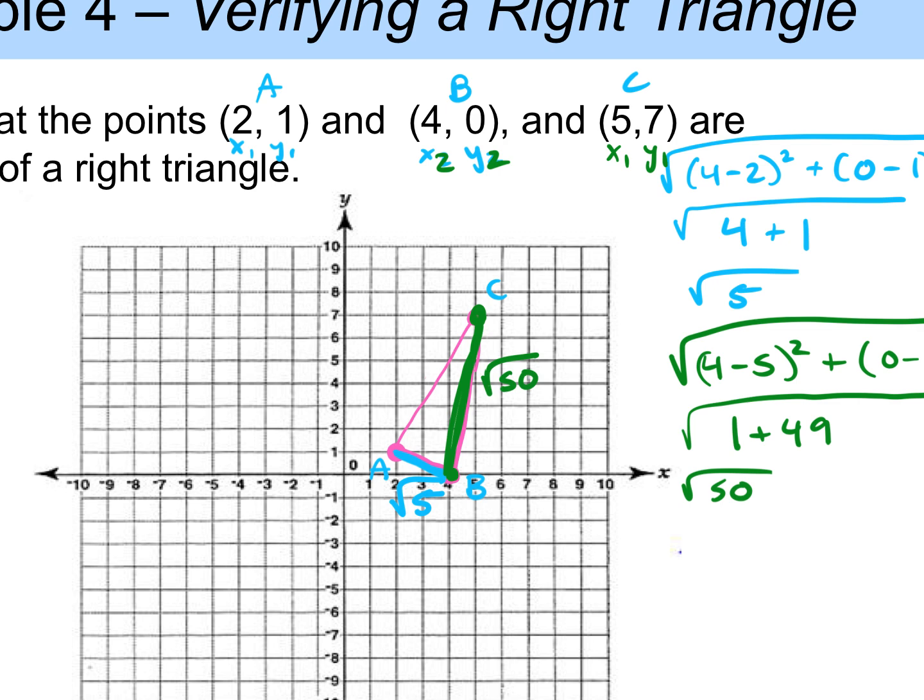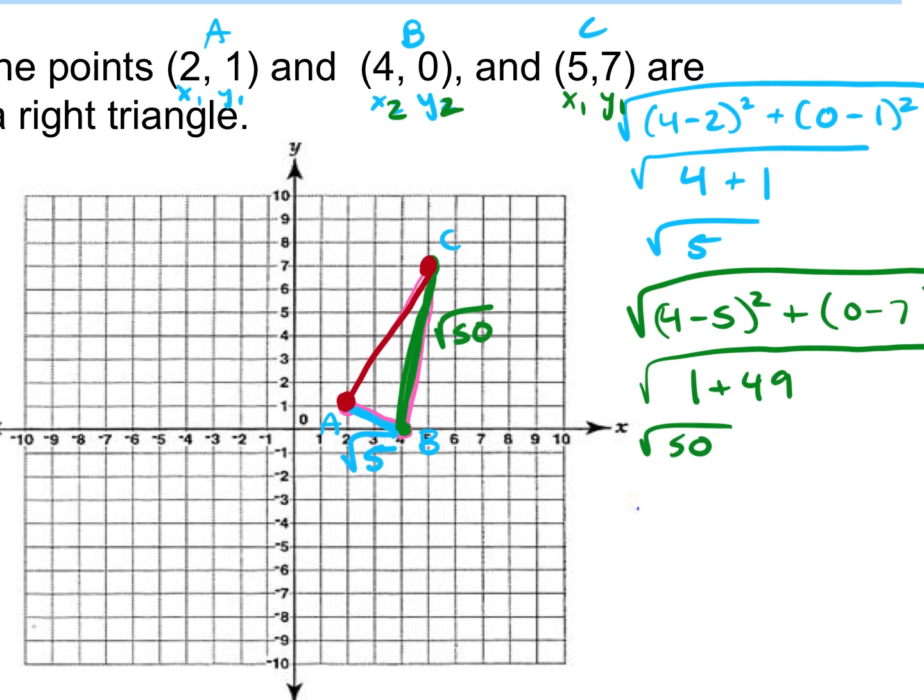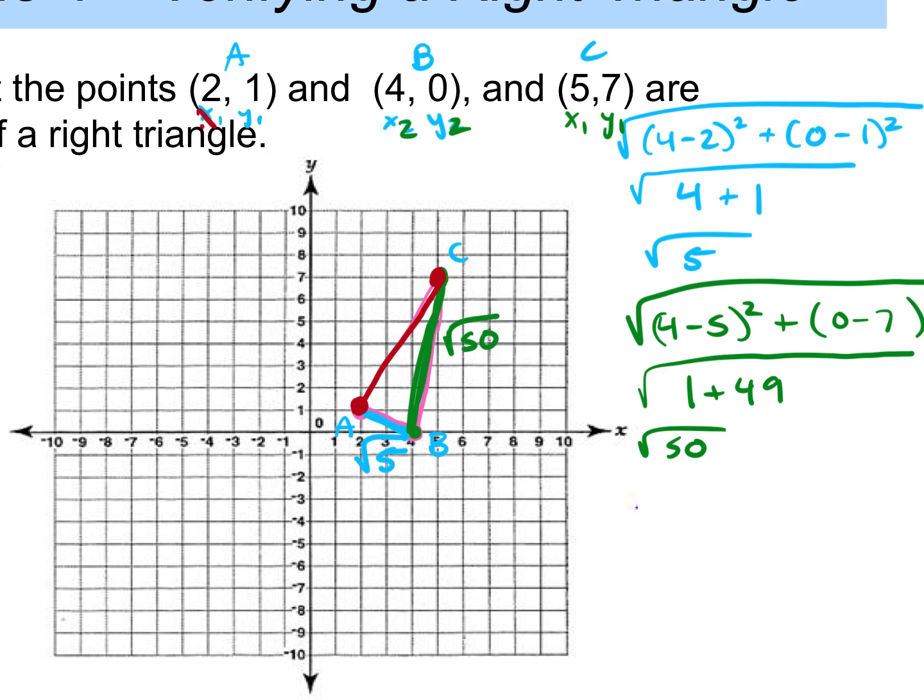Let's find the length of AC. So I'm going to call A x1, y1, and C, I'll call it x2 and y2. So x2 minus x1 would be 5 minus 2, squared, plus y2 minus y1 would be 7 minus 1, squared.